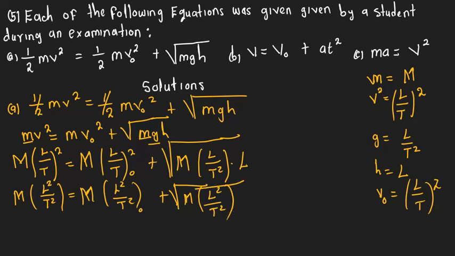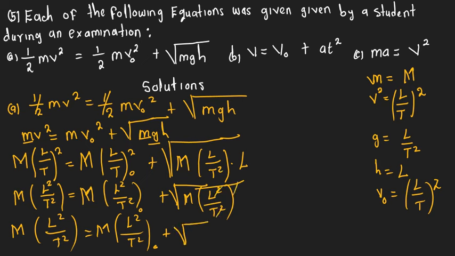But notice what will happen here. We are going to have M L 2 T 2 equal to M L 2 T 2 initial plus these 2 and that 2 and that square root can go, but we shall have the square root of M, then everything outside will be L over T.